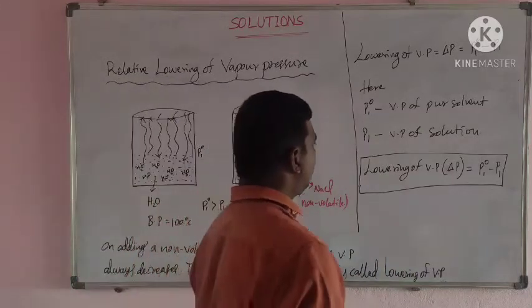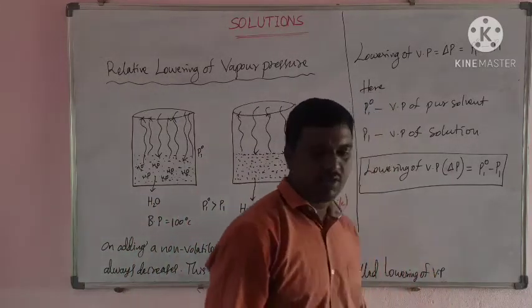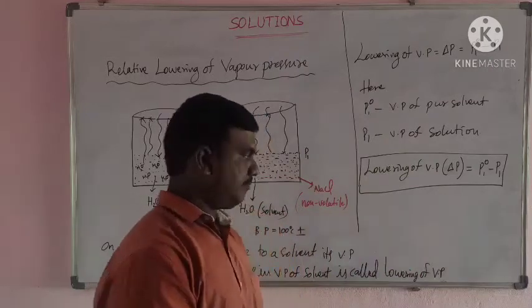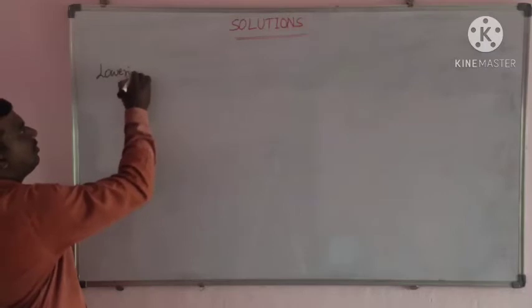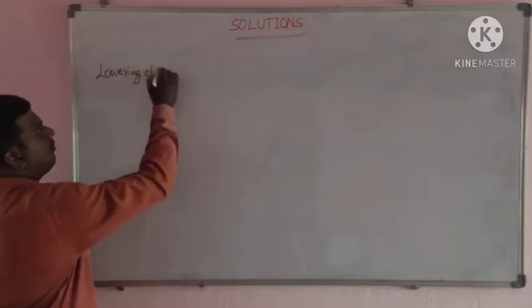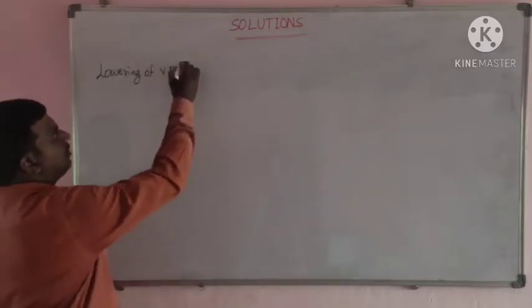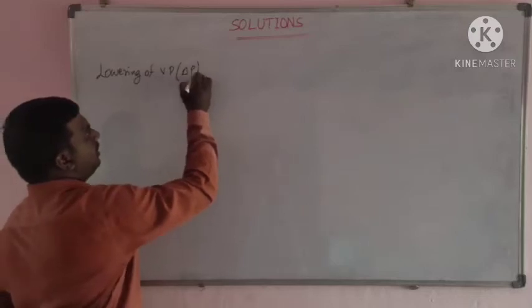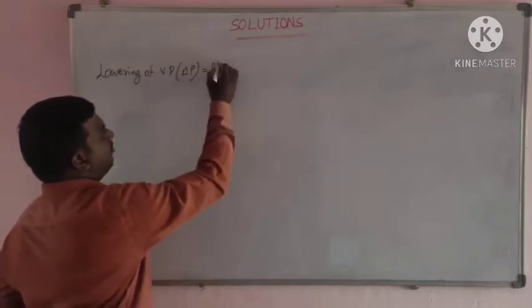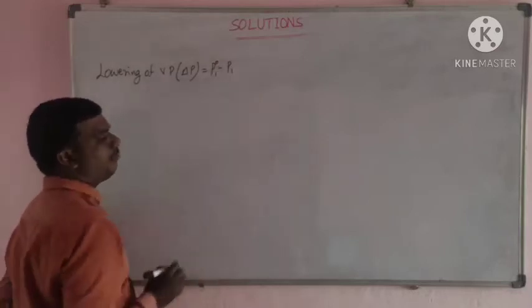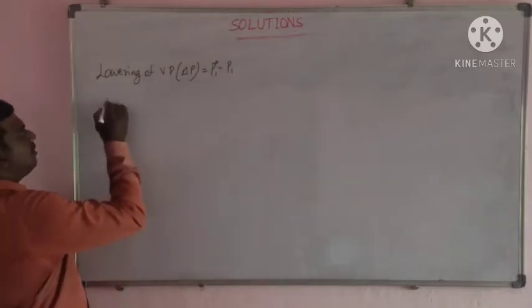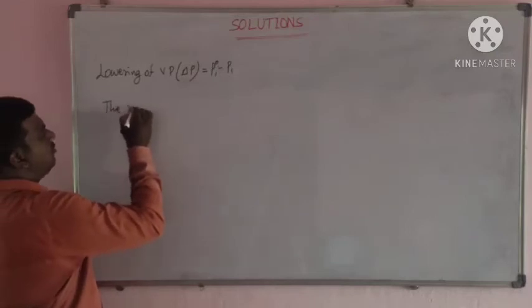Now discussing what is relative lowering of vapor pressure. Lowering of vapor pressure, delta P, is equal to P1 naught minus P1.